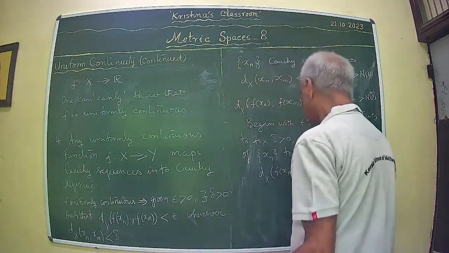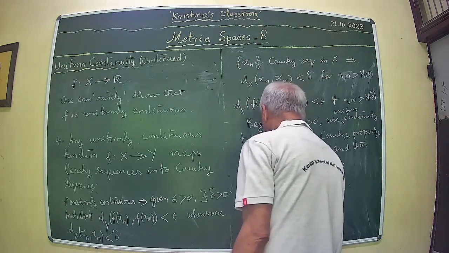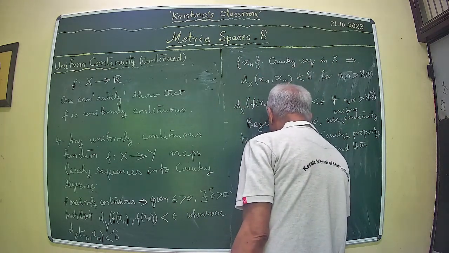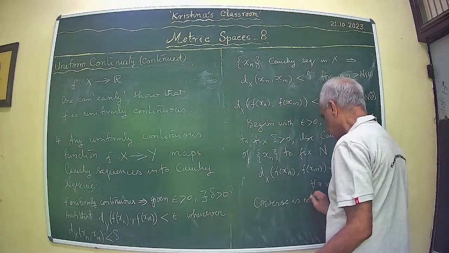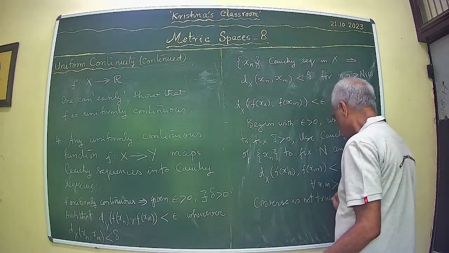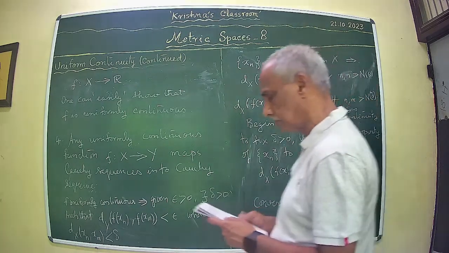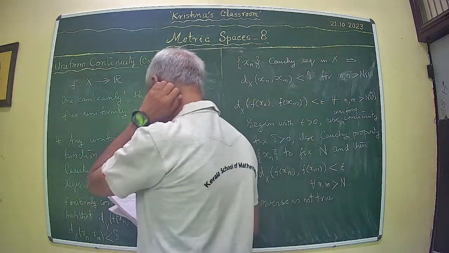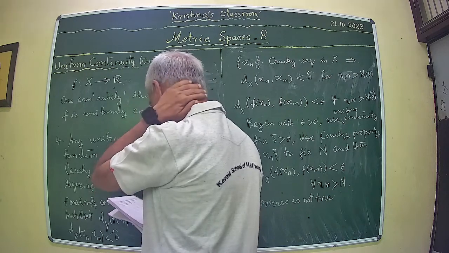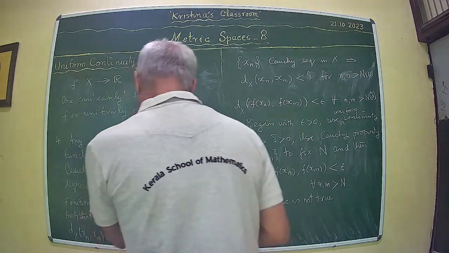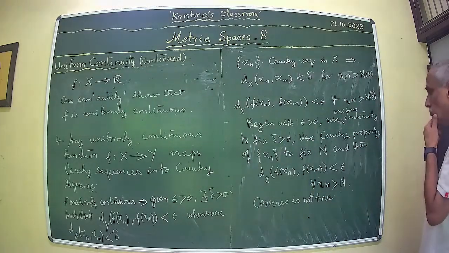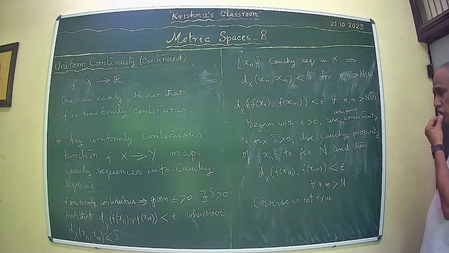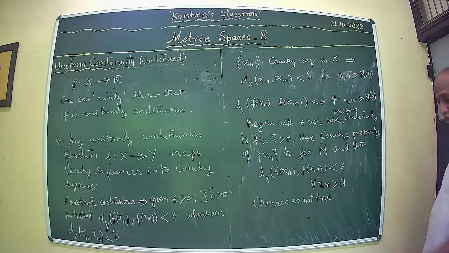Now what you can show is that the converse is not true. Why is the converse not true? What is that you have to show?